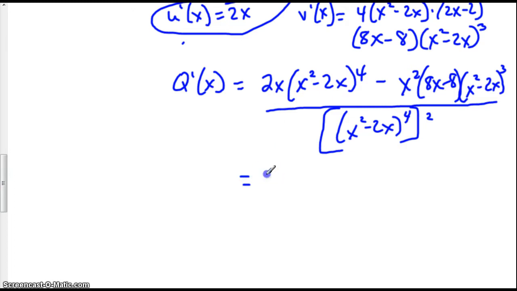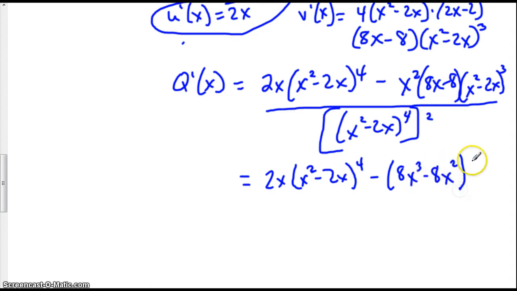Here we're okay. I'm just going to rewrite that. Here I want to multiply negative x squared times 8x minus 8. So if I just do the x squared part, it would be 8x cubed minus 8x squared, and all times (x squared minus 2x) to the 3rd power.